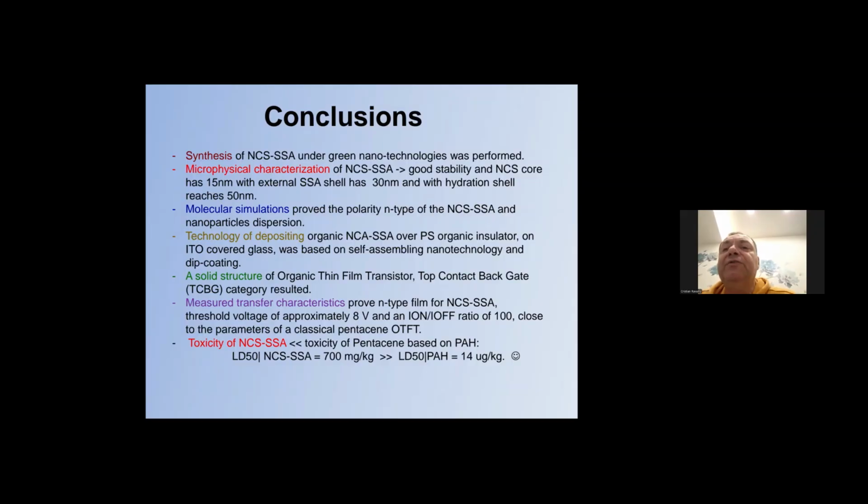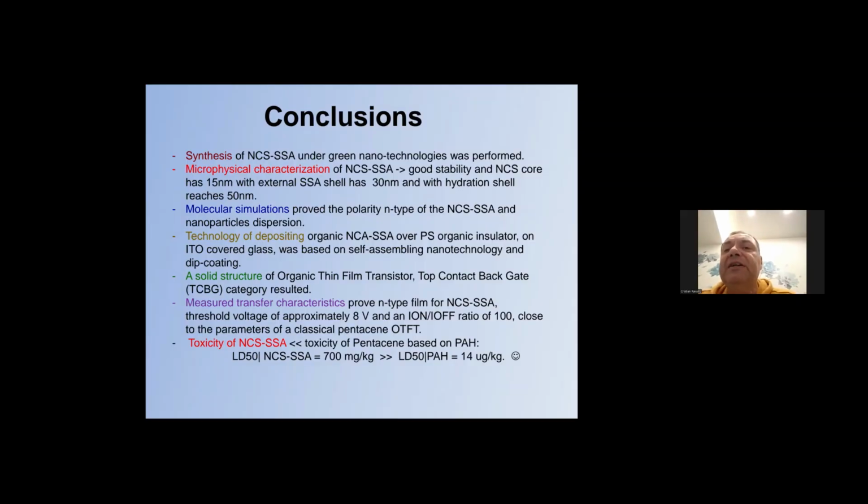The technology of deposition of organic SSA over the polystyrene organic insulator was performed by self-assembling nanotechnology and dip coating. A solid structure of an organic thin film transistor with top contact and back gate type was produced.